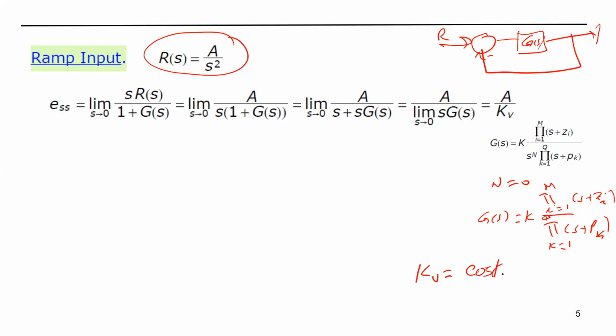Wait, Doctor, how is it constant? Kv is the limit as S goes to 0 of S multiplied by G of S. Yes, wait, you are right. S times G of S. So there is another problem. This is going to be 0, isn't it?